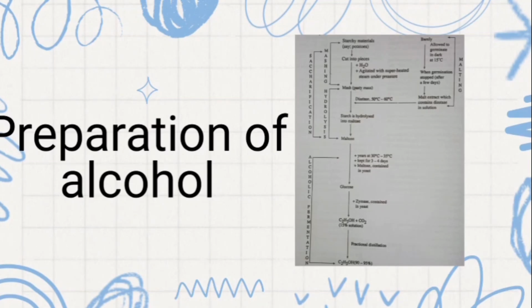The alcohol thus produced is only 15%. After that, the alcohol is subjected to fractional distillation, which results in the formation of 90 to 95% ethyl alcohol. The process from maltose to 90 to 95% ethyl alcohol is called alcoholic fermentation.